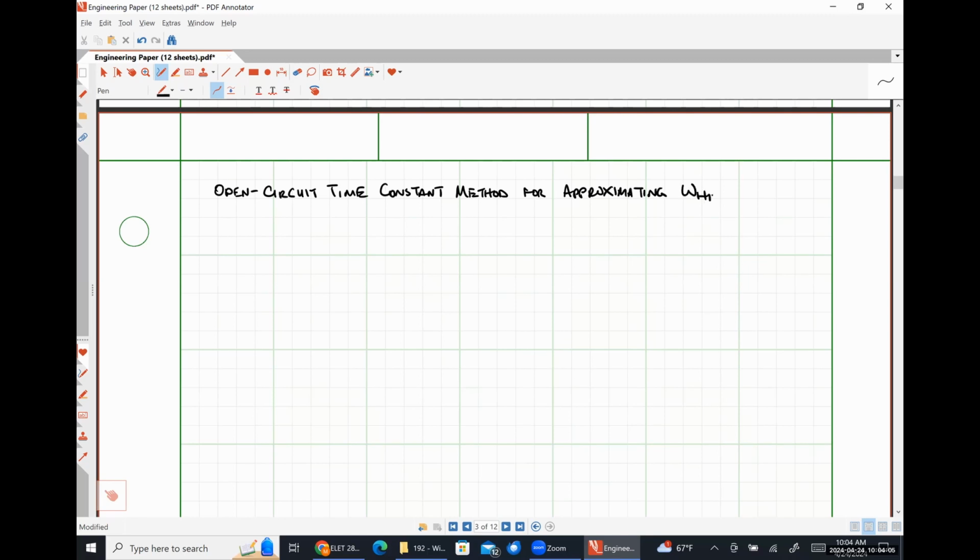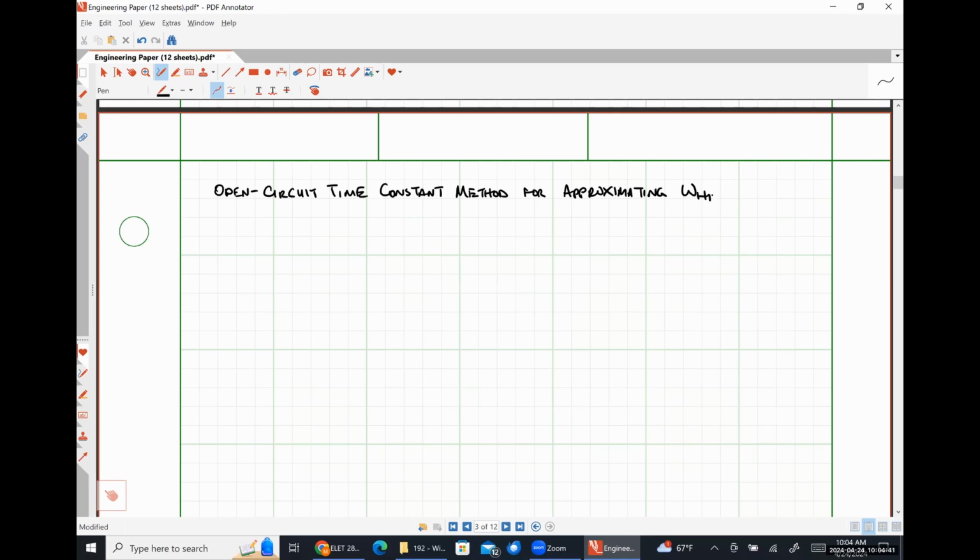So the open circuit time constant method is just the high frequency version of the short circuit time constant method that we use to approximate where the location of our low frequency cutoff is. So the open circuit time constant method allows us to approximate where our high frequency cutoff is going to be. We can use one to get one result, the other to get the other result, and then we have some idea of what our amplifier's bandwidth will be, or the length of the midband region.